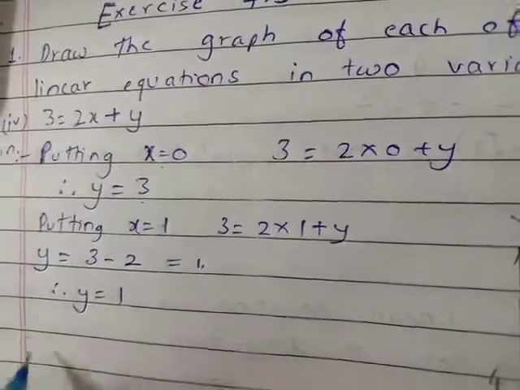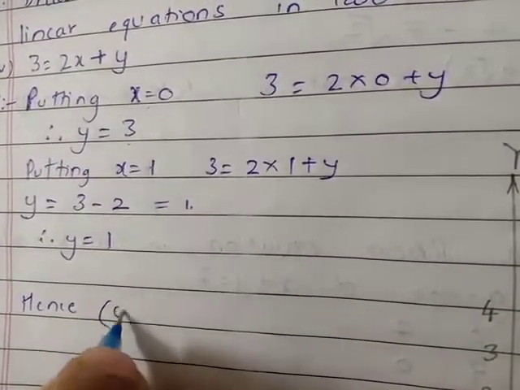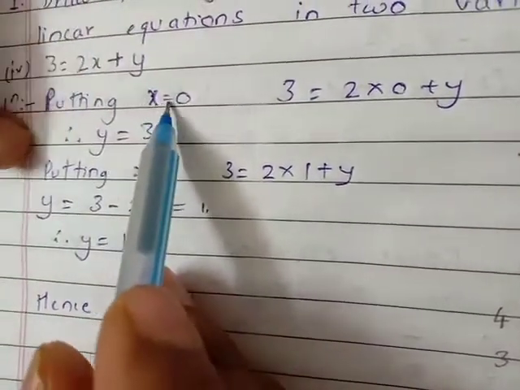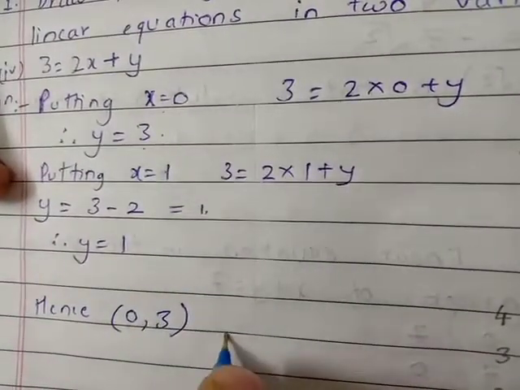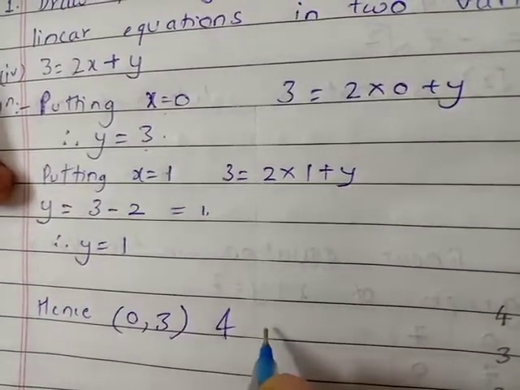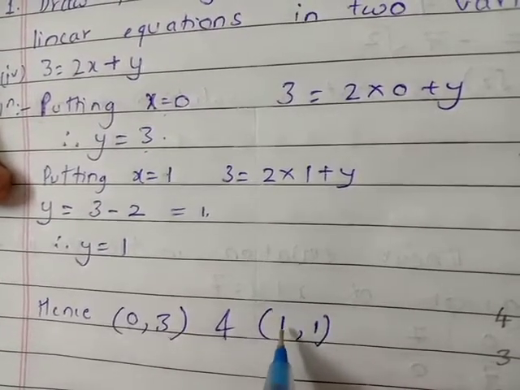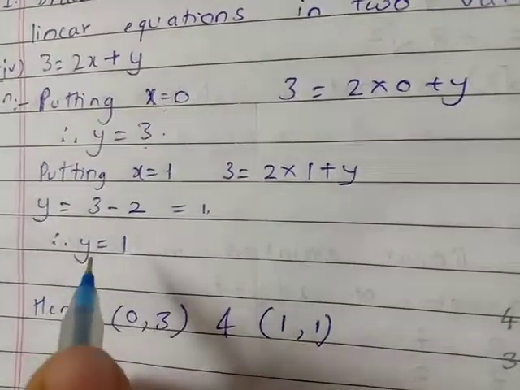Hence, 0 comma 3, that means on putting x as 0 we get the value of y as 3, and 1 comma 1, that means on putting x value as 1 we get the value of y as 1.